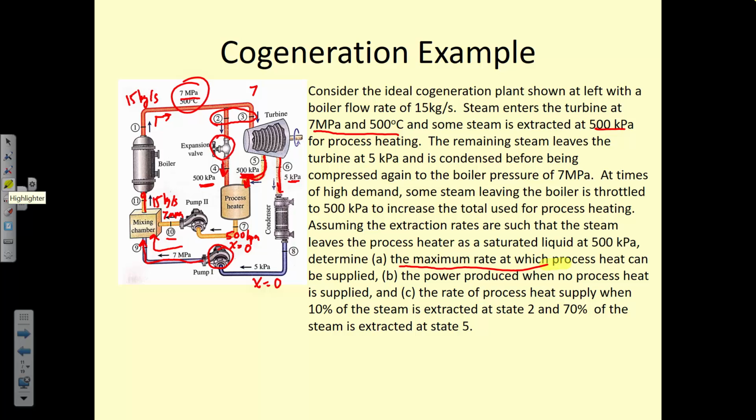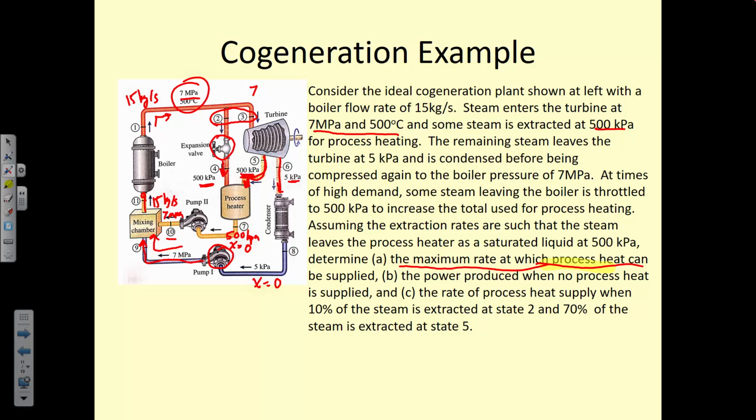When will that occur? When will it be a maximum? Under what conditions will we have the maximum production of heat? So remember, this is a variable load system.